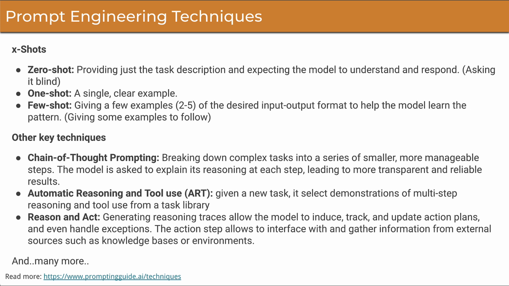Other techniques include chain of thought prompting for complex tasks, or automatic reasoning and tool use for selecting demonstrations from a task library. And another one is reason and act, for generating reasoning traces and interfacing with external tools when it does the acting.